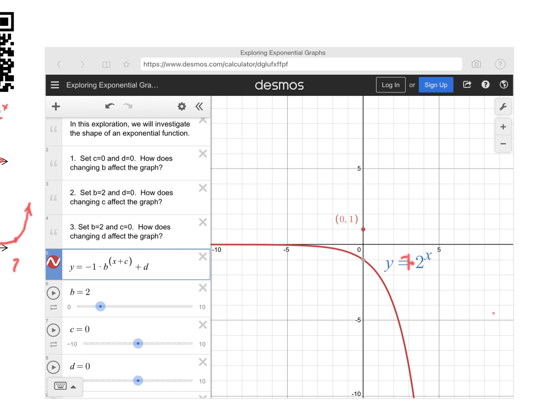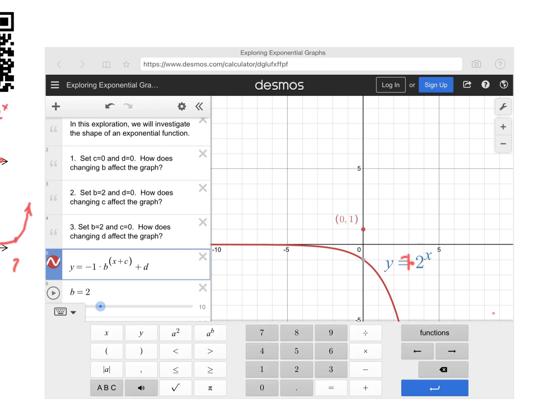Okay. What happens if we make this negative 2? Well, if we go negative 2 here, it's going to go down also. Negative 3, negative 4. It's going to go down even quicker. Negative 5, okay?